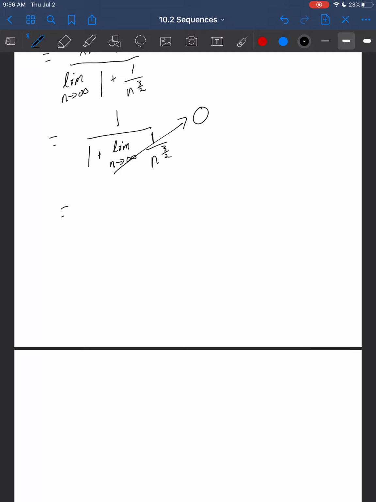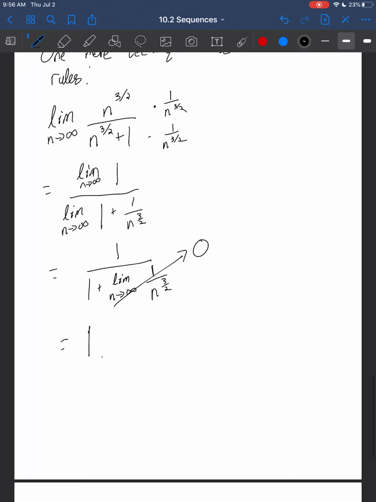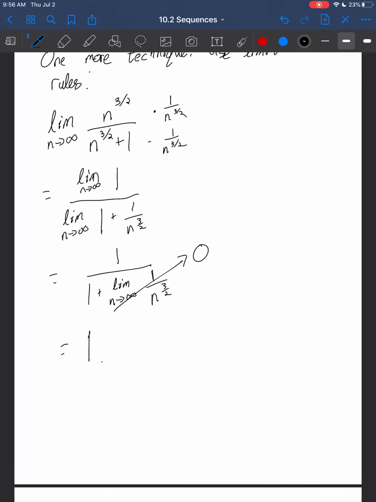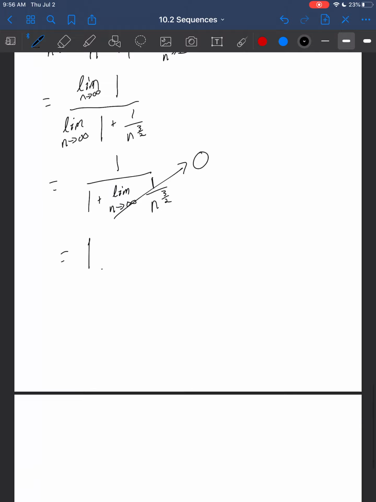And so we have a 1 over 1 or 1. Now, if you'd like to practice your L'Hopital's rule on this, definitely do that. You should get the same answer of 1 for this problem. But this is just another technique that we can use for solving these problems.